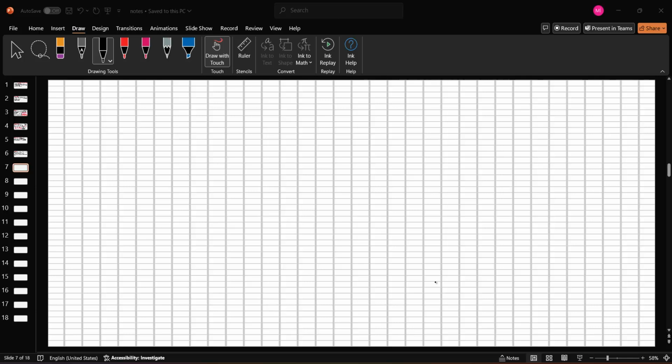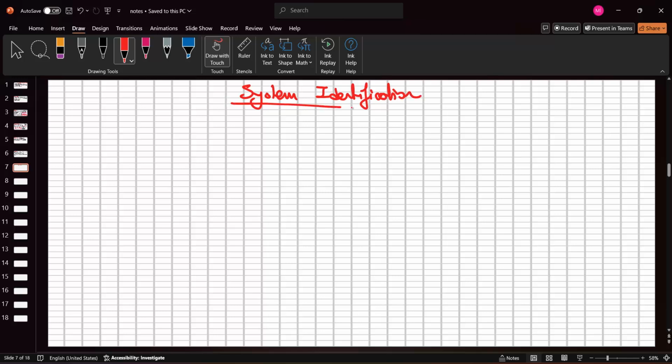In the second topic, we need to use the settling time and steady state values for the system identification process, for the first order system.